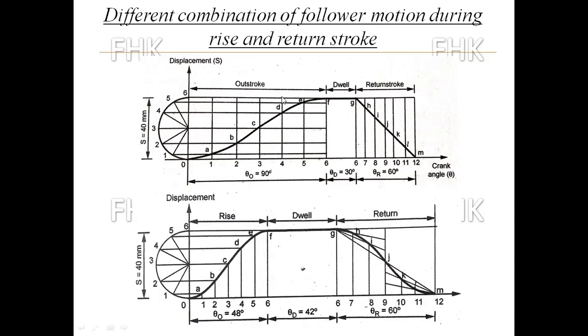Because if your displacement diagram is wrong, your cam profile will be wrong. The same dimensions, the same figure, we are using for drawing the cam profile. So don't make a mistake in drawing the cam profile as per the data given in the problem statement.